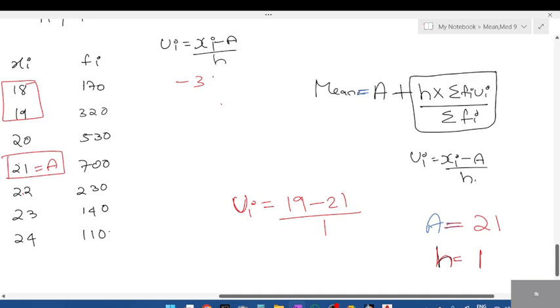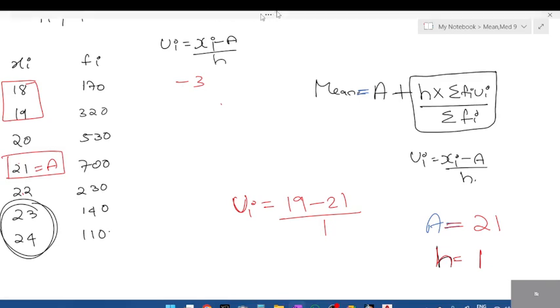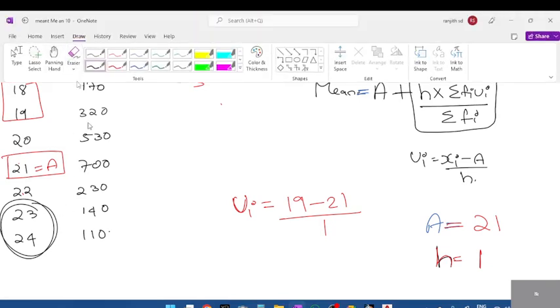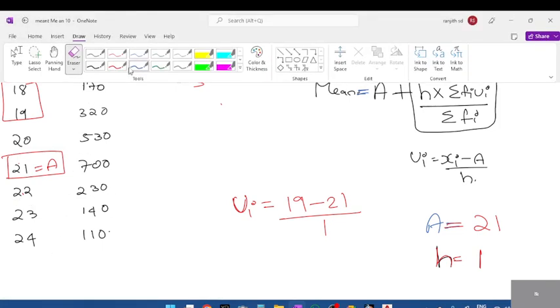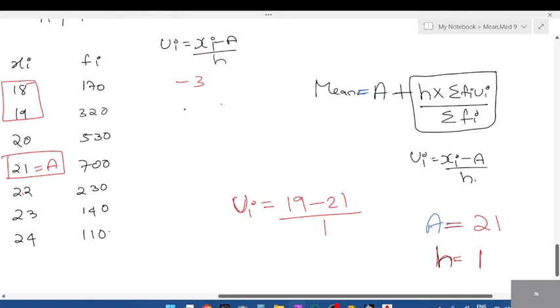How did I get 1? Not only 18 and 19. You take any difference, you will get 1, right? You take given 20 and 21, you should get 1. You take any difference, you should get 1. What's the answer? 19 minus 21, minus 2. Completed, students. All of you will complete this.